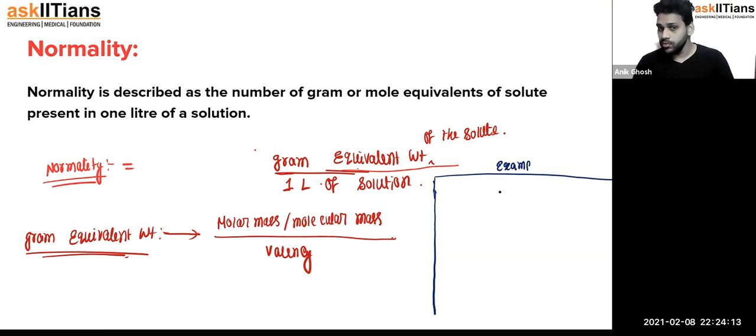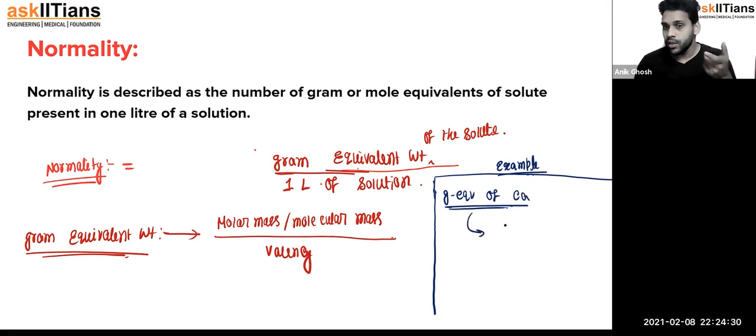If I ask you, tell me the gram equivalent mass of calcium, what would you do? It would be the molar mass of calcium. What would be the value? It would be 40 grams, isn't it?